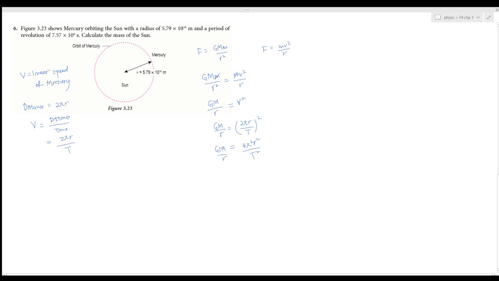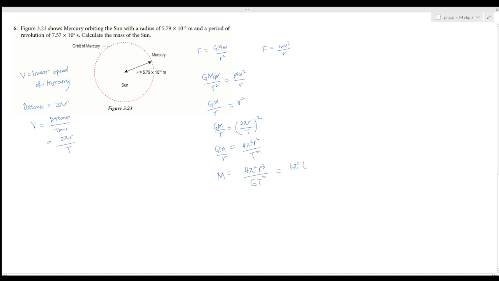Okay, we need to calculate the M. M is the mass of the Sun. So M equals 4 pi squared, the r bring over here, r cubed, over G T squared. So now we can substitute the values in to find the mass of the Sun. 4 pi squared, this is the constant.